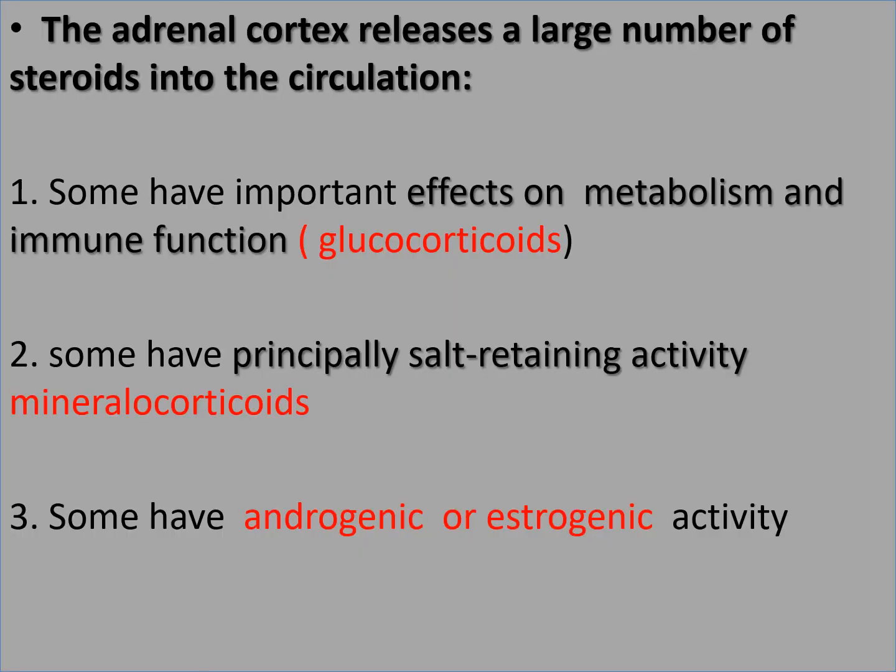So basically what happens, the adrenal cortex releases a large number of steroids into the circulation. Some of these hormones, which we call glucocorticoids, have important effects on number one, metabolism, and number two, a very major effect on immune function.